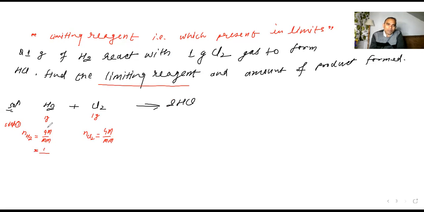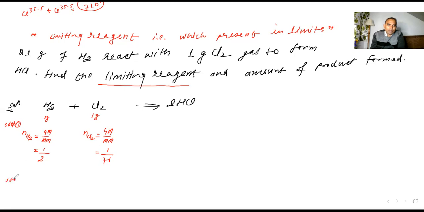Molar mass of H2 is how much? 2. And for Cl2, given mass is 1, and molar mass is 35.5 plus another 35.5, so how much will come? 71. So I am writing 71. Then this is step number 1.